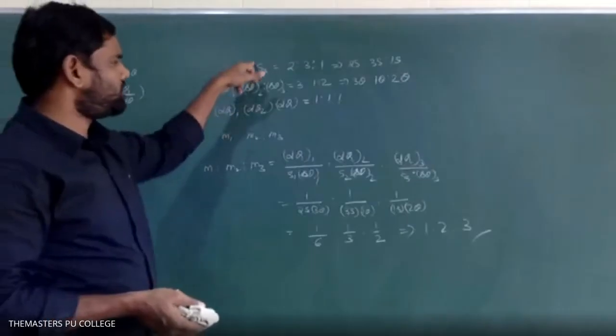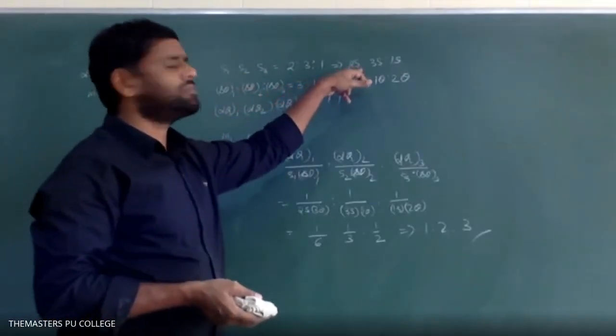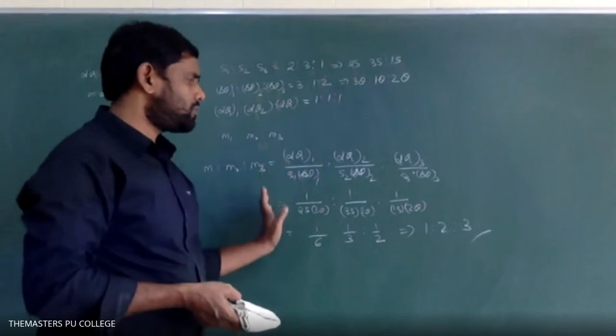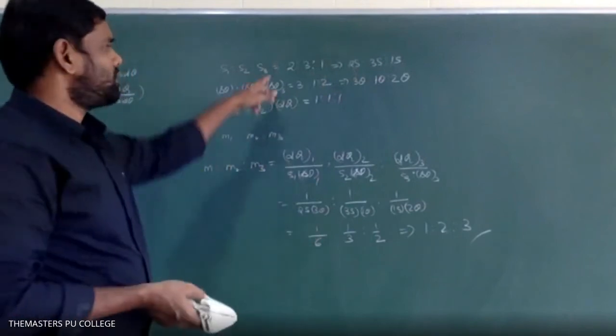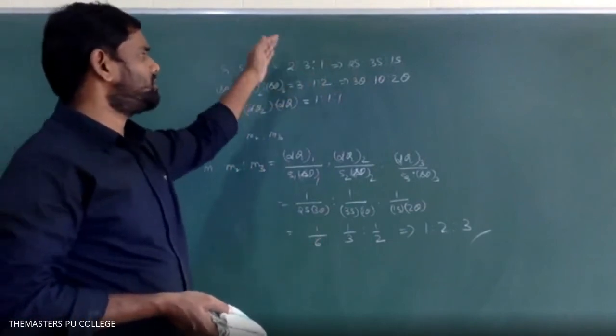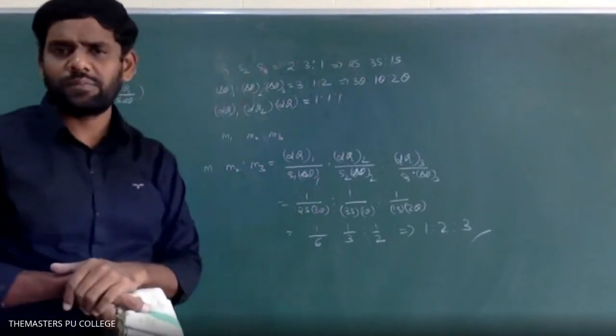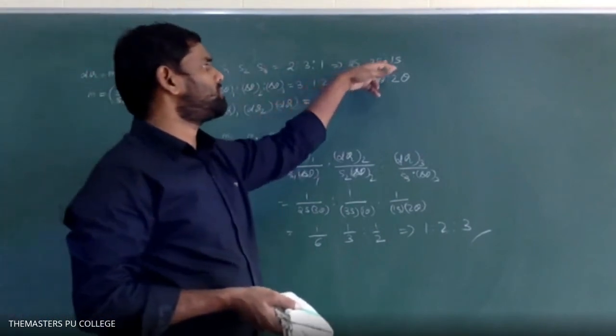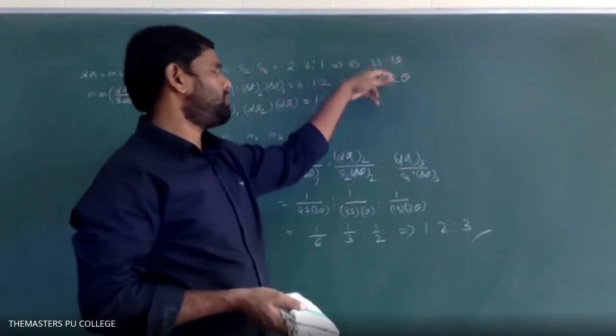Yes, sir, clear. Sir, instead of taking S and theta directly, we can take 1/6 is to 1/3, no? No problem, you can take it. It doesn't matter; in place of S you can also substitute 2. But in the ratio they have given fractions only, that's why I have taken 2s is to 1s is to 3s is to 1s.